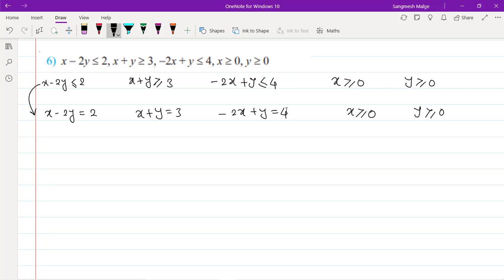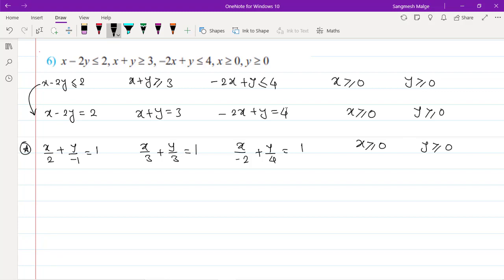Get the double intercept form: x by 2 plus y by minus 1 equals 1, x by 3 plus y by 3 equals 1, x by minus 2 plus y by 4 equals 1, x is positive and y is also positive. If you have not understood how I have converted, please watch my first video, you will understand. I just converted the standard equation into the double intercept form.